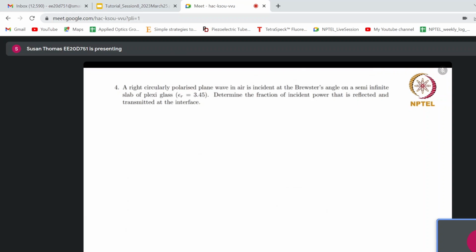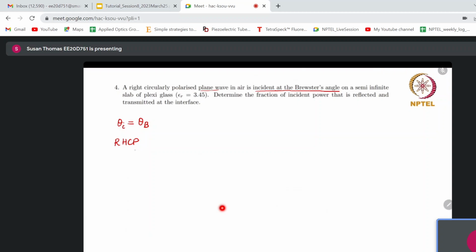To discuss the very first question of today's session: a right circularly polarized plane wave in air is incident at the Brewster angle. So some plane wave is incident at a Brewster angle, that is theta I is equal to theta b, and we also know that it is a right hand circularly polarized plane wave.